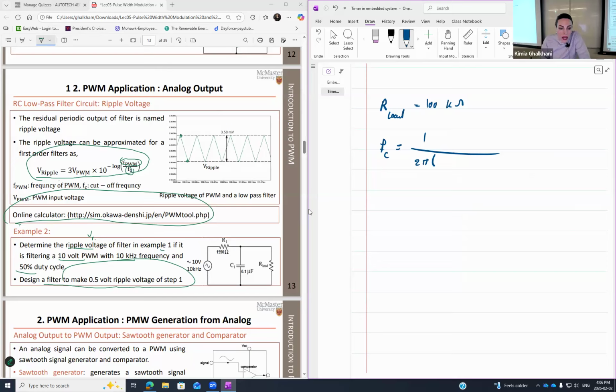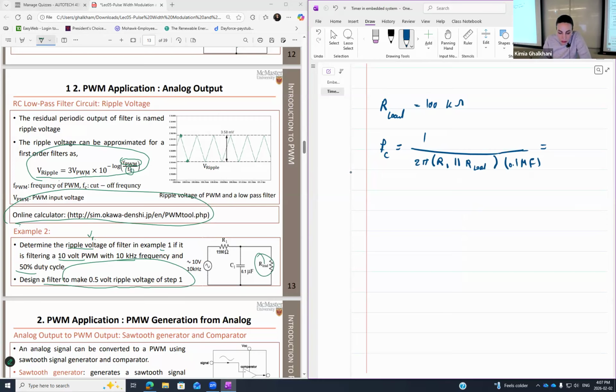And then I have 2 resistors, because now I have the impact of R load. Before, it was without the impact of R load. Now, since I have the impact of R load, I have R1 in parallel with R load. Does that make sense? And then still I have the capacitance, which is 0.1, same.